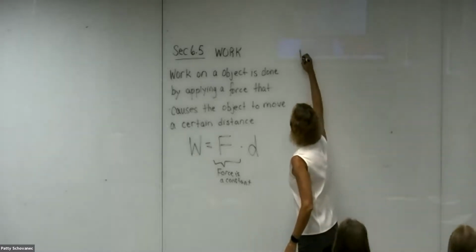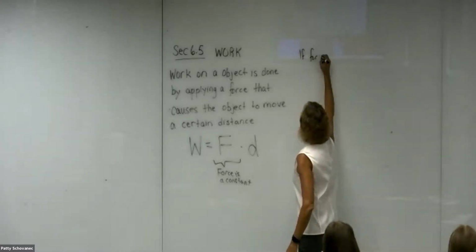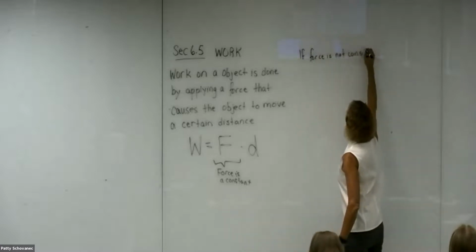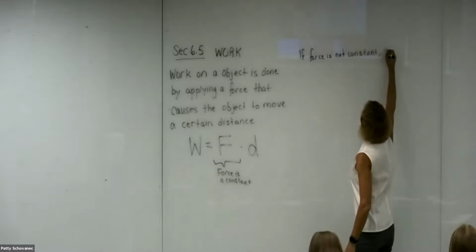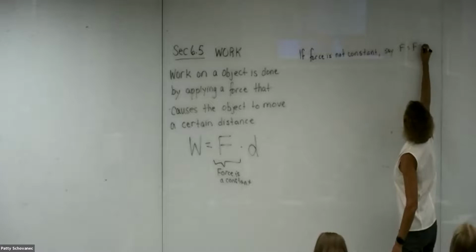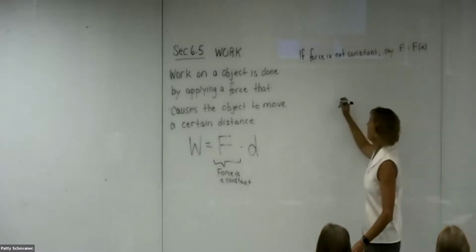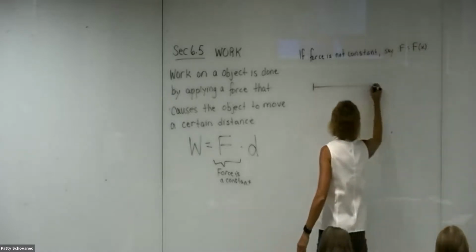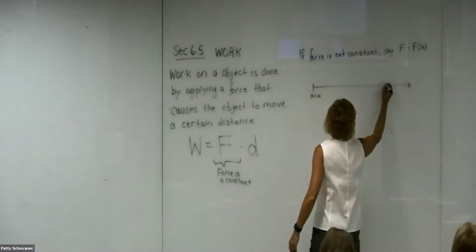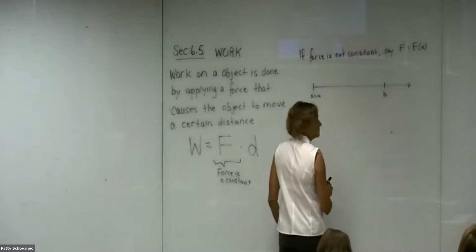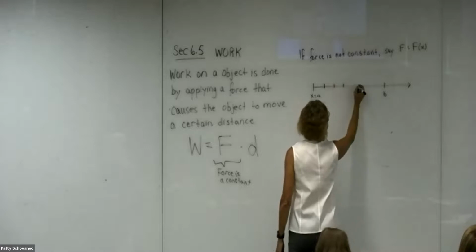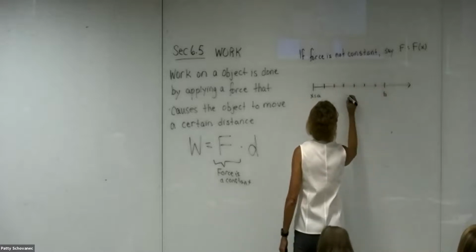So if force is not constant, say the force is some function of x on a number line. Say here's my number line, and I need to go from x is equal to a over to x is equal to b with whatever my object is. I cut this up into tiny intervals of width delta x.